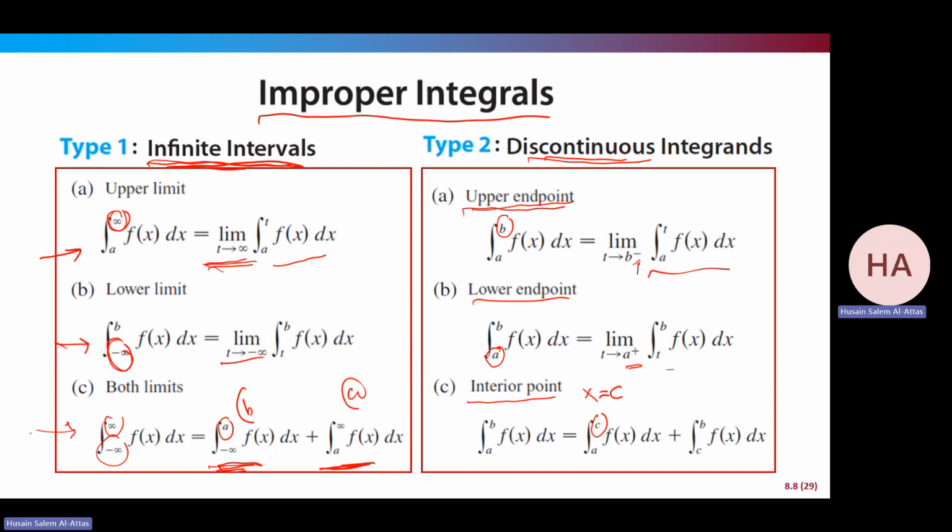Lower endpoint, t goes to a from right. Interior, then I need to split it into a to c, where the discontinuity is at x equals c. And I will make this one like this, and this one will be like this one. Then I do the calculation.